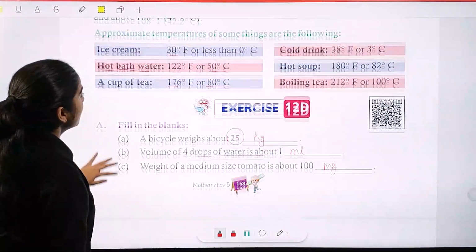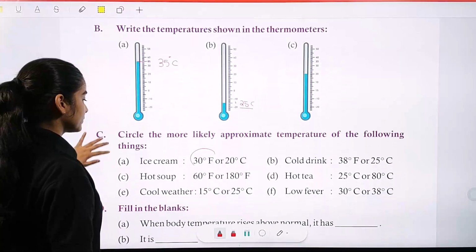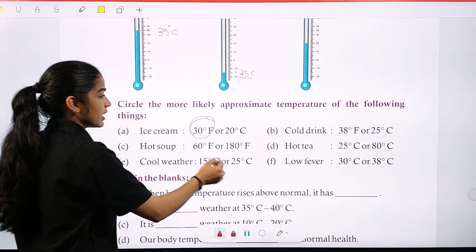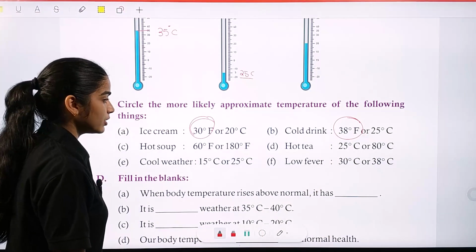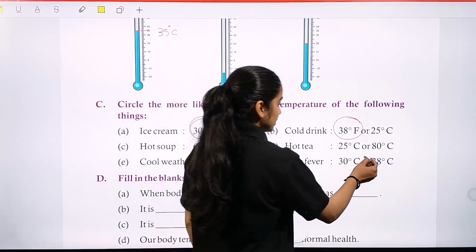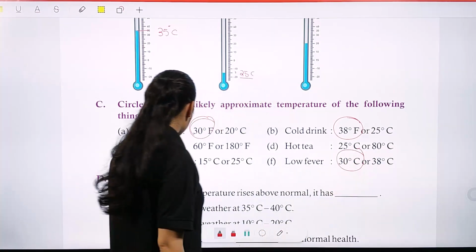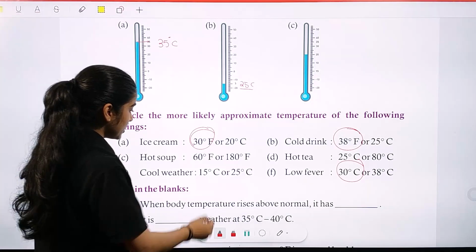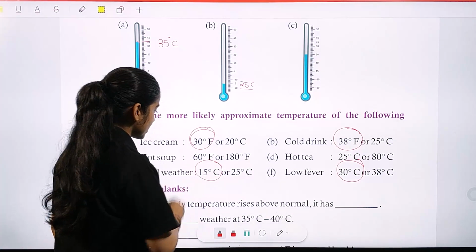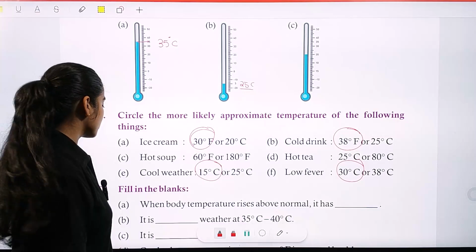Yes, 30 degree Fahrenheit we have. In this we have cold drink 38 degree Fahrenheit. Hot tea या low fever we have in 30 degrees Celsius. Cold weather we have 0 to 10 and 10 to 15 degree Celsius. Okay students, in same way you can also do this.